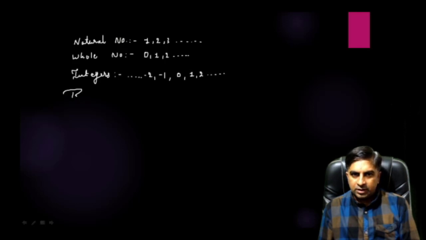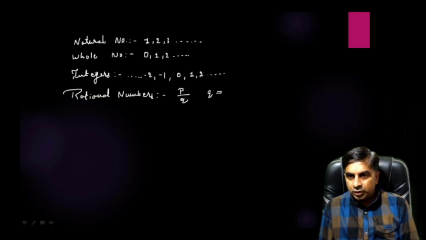Now what are rational numbers? Rational numbers are the numbers which can be represented in the form of p by q, where q should not be equal to 0 and p and q are integers. Why p and q should be integers is very important.